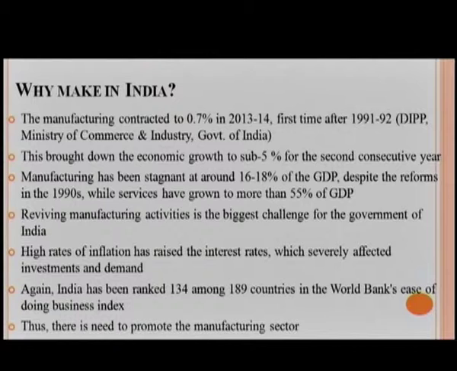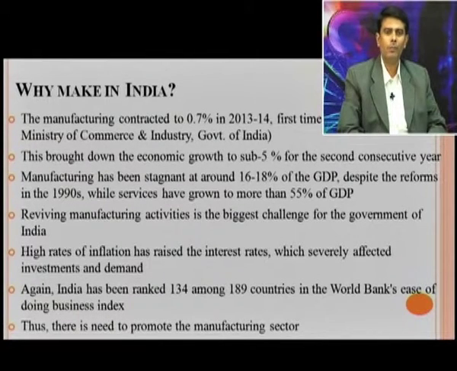Manufacturing has been stagnant at around 16 to 18% of GDP despite the reforms of the 1990s, while services have grown to more than 55% of GDP. This shows that the manufacturing contribution to GDP has declined, even though the economic reform process has matured over the last 20 years.